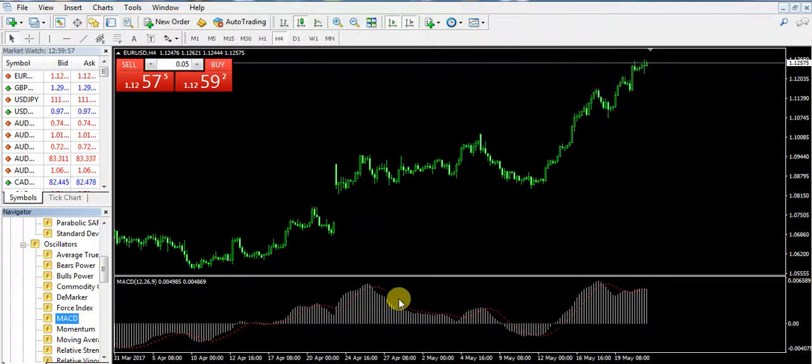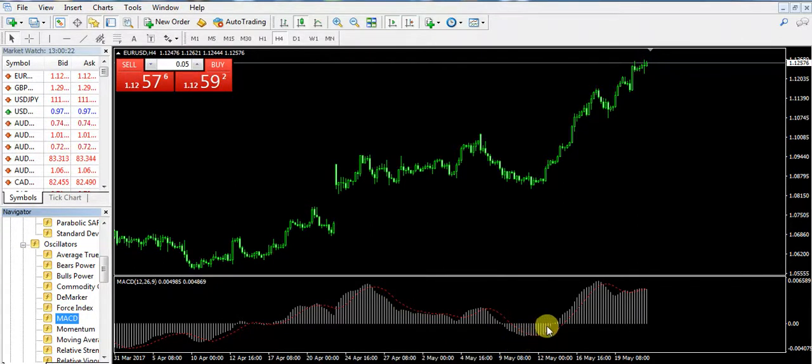When we see that the red line, which is indeed the moving average of the MACD itself, is above the bars, like it is over there, we say that the MACD has moved below its own moving average.